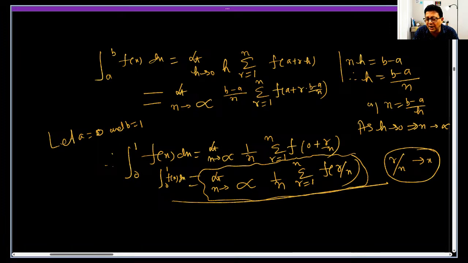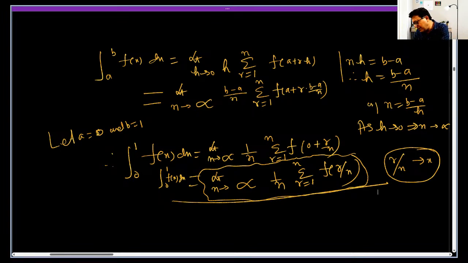This we are doing in this class, where nh is b minus a, or h is b minus a by n, n is b minus a by h. As h tending to 0, then n tending to infinity. The whole sum formula I am changing. How am I changing?